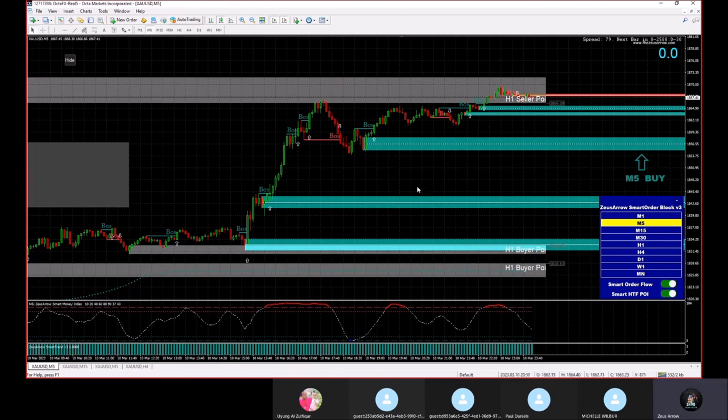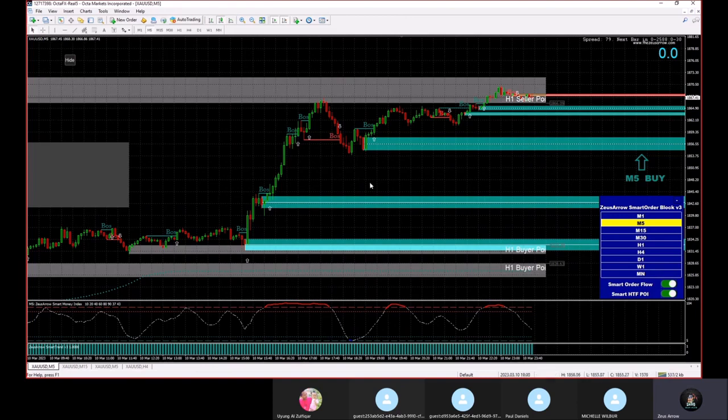But usually, if you want to look for very high quality setups, we need to look for setups around the London session, where the market starts to grab momentum, and we need to see where we have both the seller and buyer points of interest, because that is the very obvious area the price is going to test.